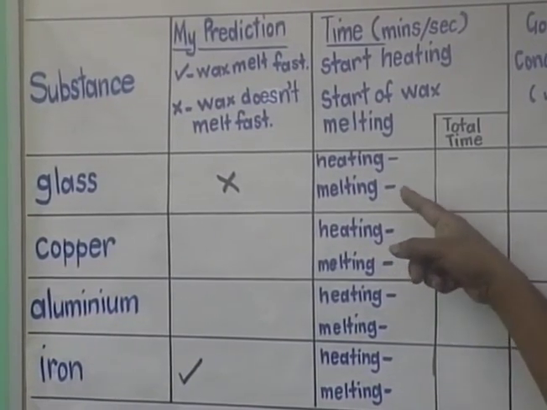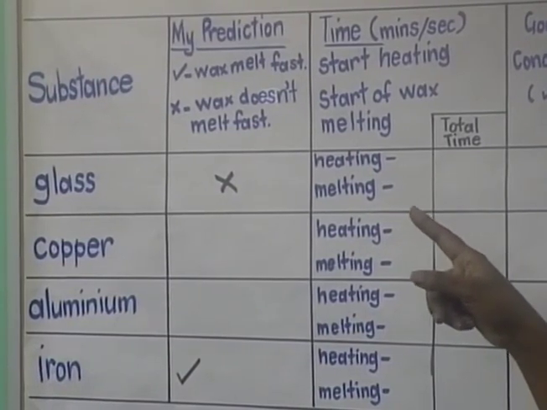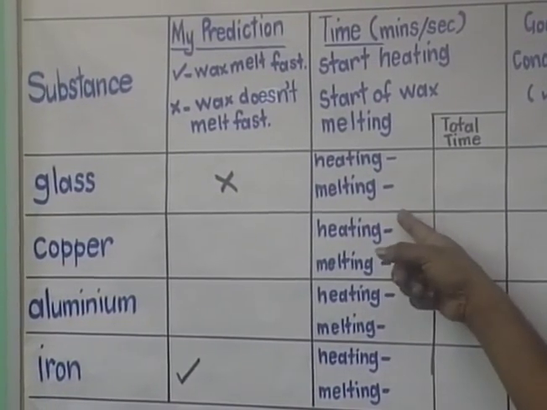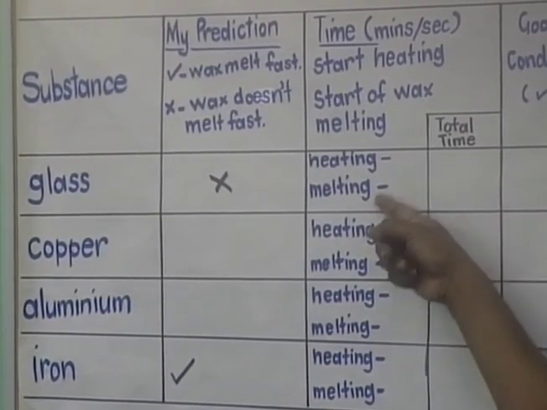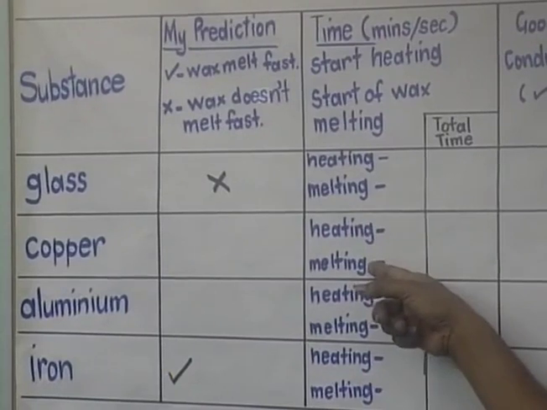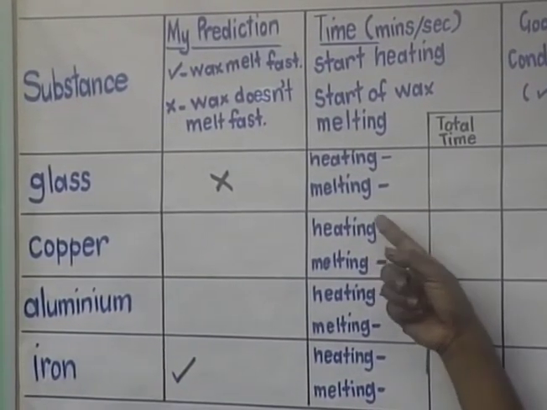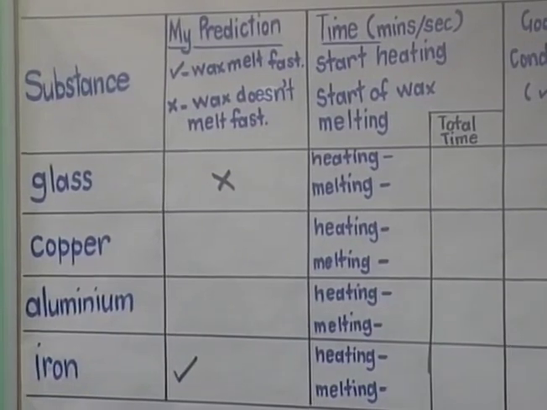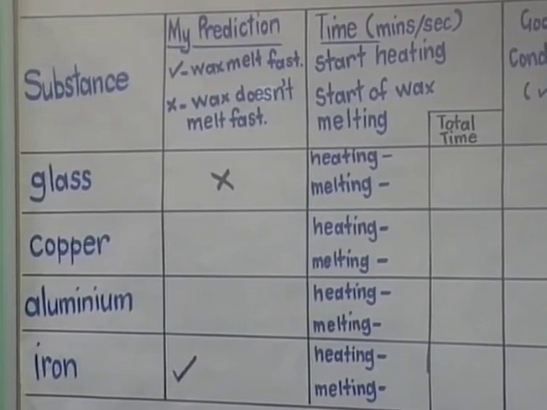Melting, once you see the wax start melting, you write that time. And you are going to find the difference between those two figures to get the total time it took for the wax to melt. Okay.